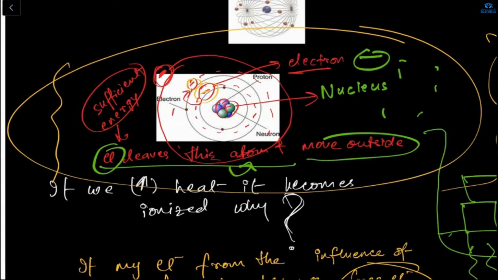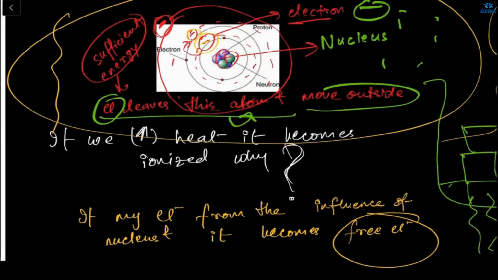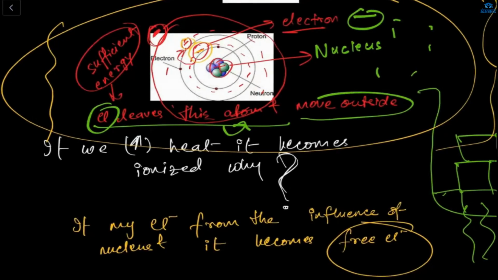Ma'am, it's moving outside because it has a negative charge, and because of the sufficient extra energy, the electrons move outside. Their weight is also way less in comparison to the nucleus and the protons. That's why the nucleus and protons stick together and the electrons move outside.